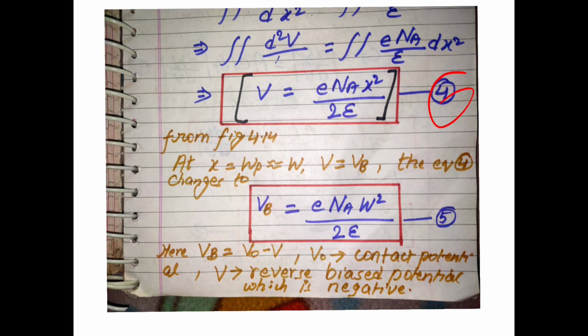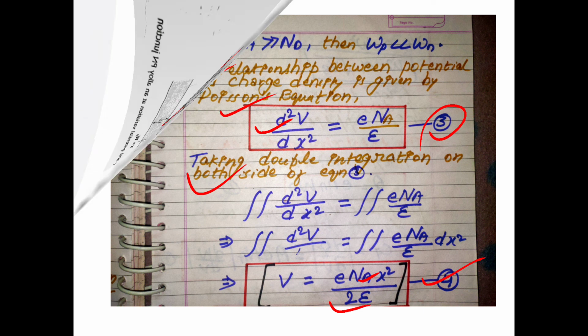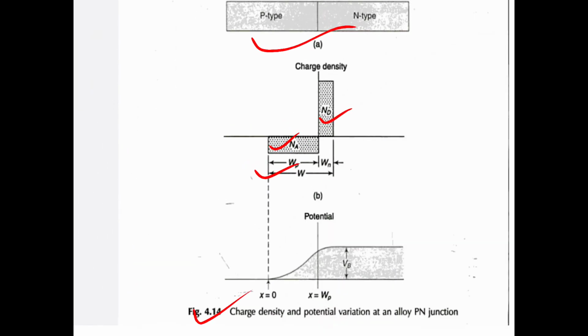So we got equation number 4 from figure number 4.14. Here, from figure number 4.14, we have taken x = 0 and x = Wp.